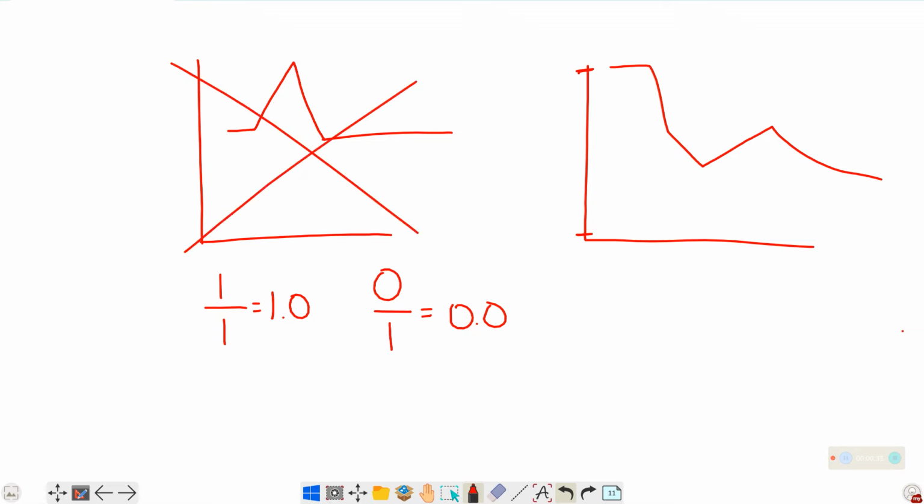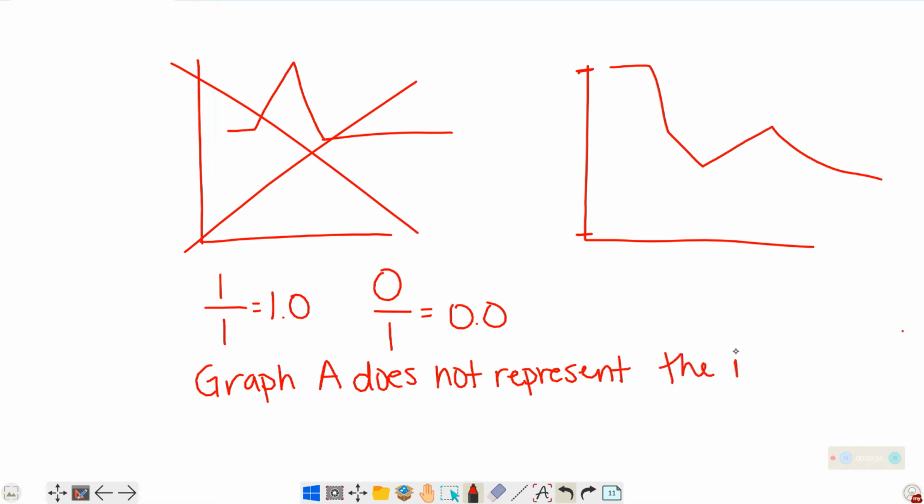So which one is not representing tossing 1 penny? Graph A does not represent the frequency, meaning the probability for that event of tossing 1 penny.